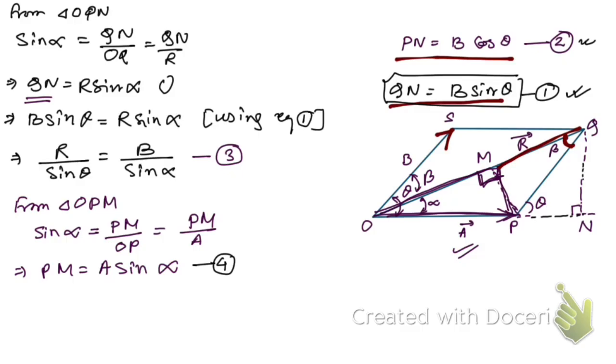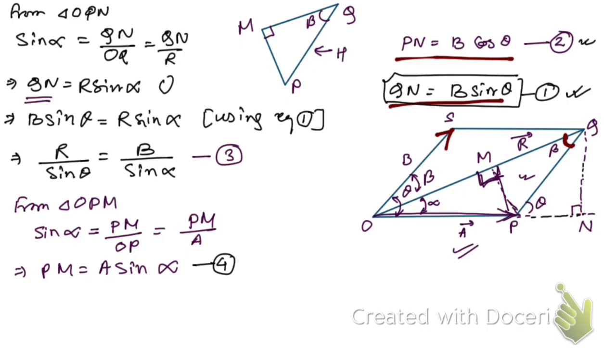Now let me draw the diagram here, that is PMQ. It's something like this. In this triangle, PM is the perpendicular, there is the right angle at M, and this angle is beta. So the hypotenuse is opposite to the right angle.